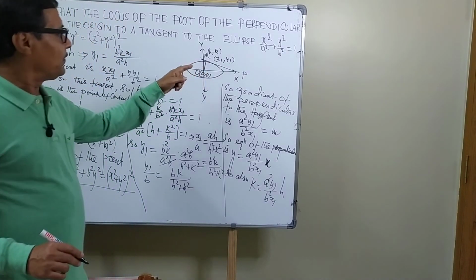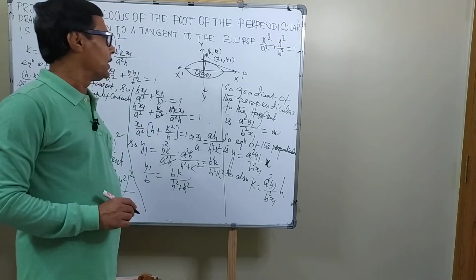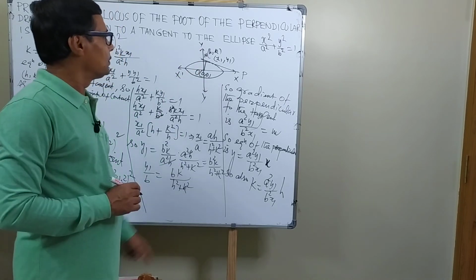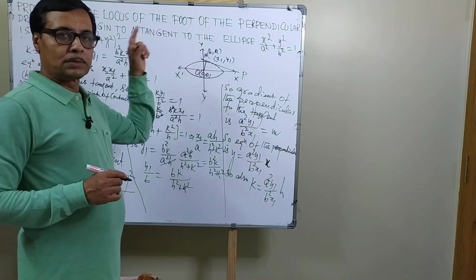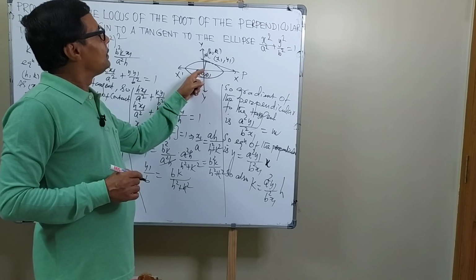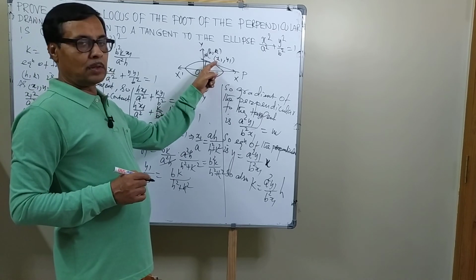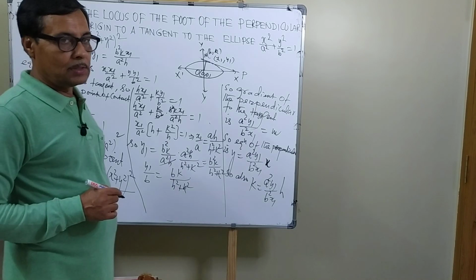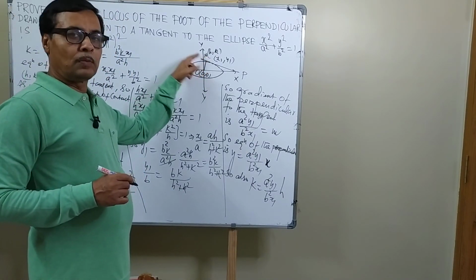There are infinitely many points, feet of the perpendicular, on the ellipse, where infinitely many tangents can be drawn. So this is the representative of these points which satisfy a certain condition. The condition is that from the origin a perpendicular is drawn to a tangent at (x1, y1), and these tangents are infinite in number, so we can get infinitely many feet of perpendicular.